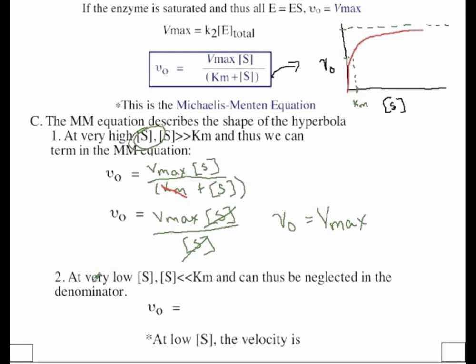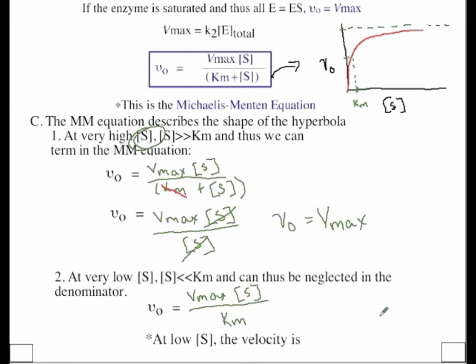Okay, so at very, very low substrate concentrations, substrate is much, much less than Km. This time when we plug in initial velocity equals Vmax times substrate concentration, we say that the substrate concentration is negligible with respect to the Km because Km is much, much larger. This is at very low substrate concentrations, way down here.